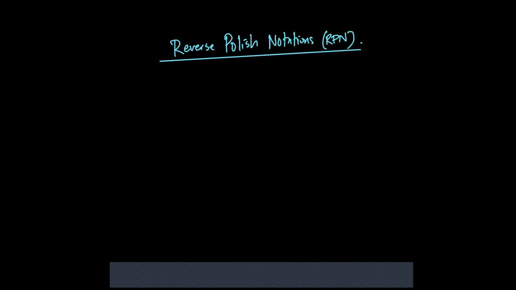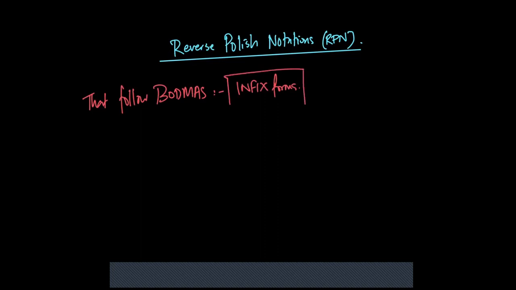Now, mathematics that follows the order of operation rule is known as infix form, okay? Infix, I-N-F-I-X. So just like we have reverse Polish notation, the form that we follow is known as infix.